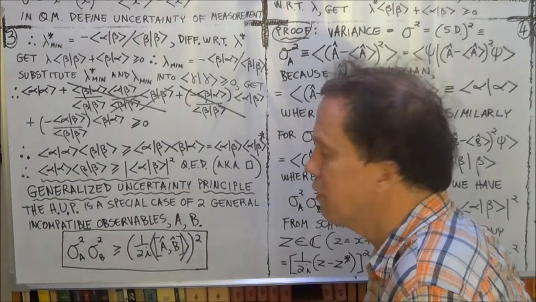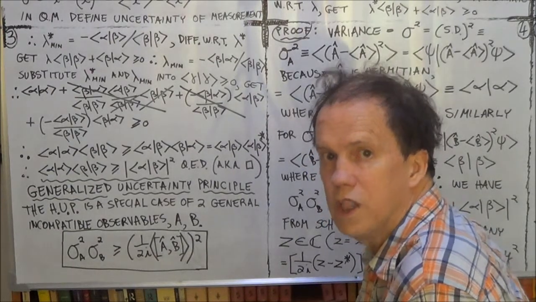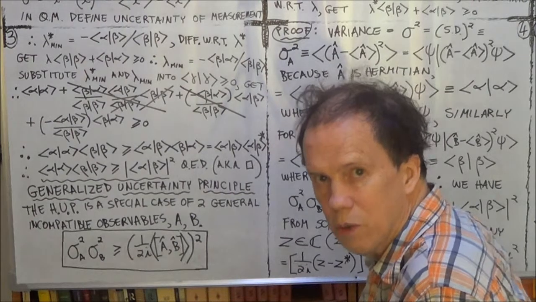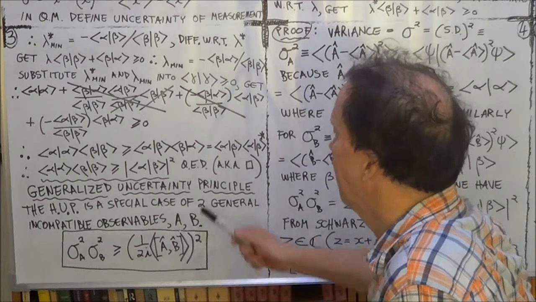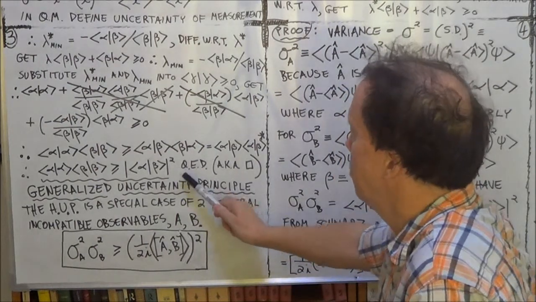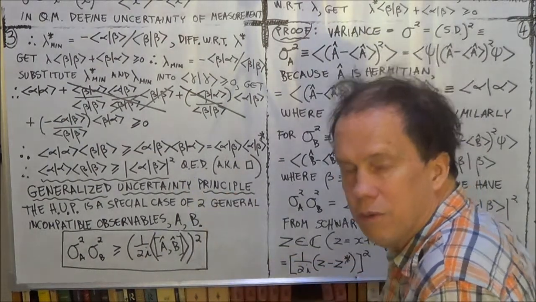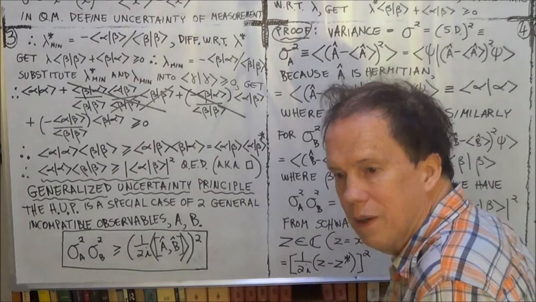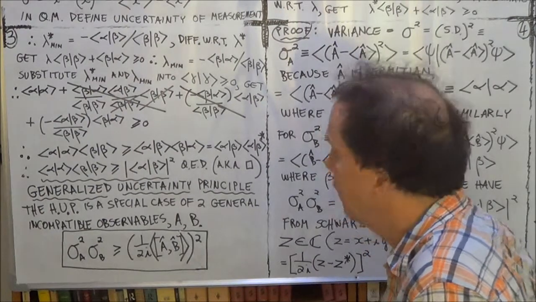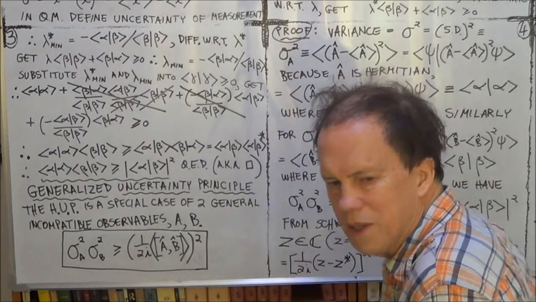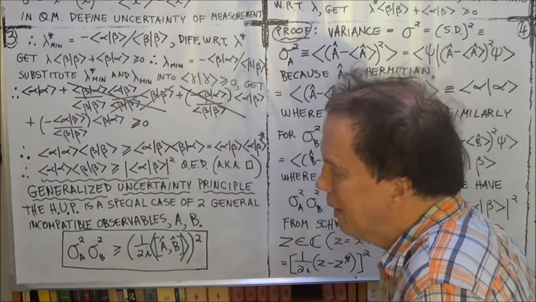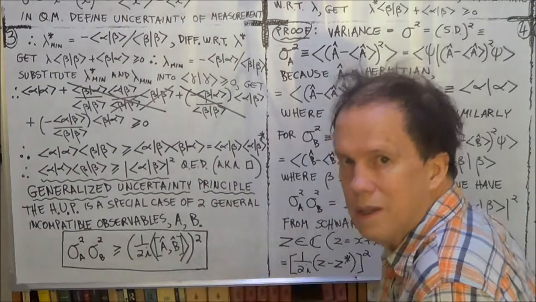That's the end of the proof of the Schwarz inequality, Schwarz which in German means the color black. And I've written here QED. That's the old-fashioned way of saying end of proof. It's from Latin, and Latin's not used much anymore. It's a dead language.